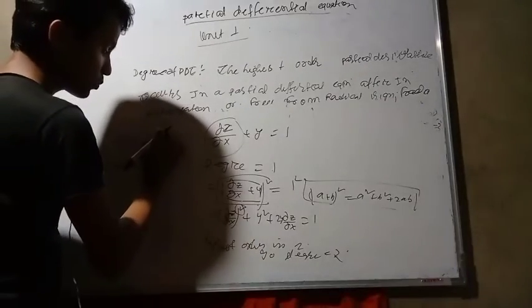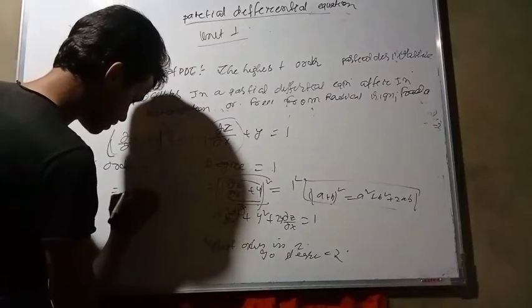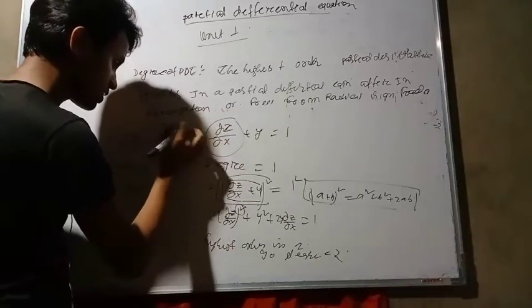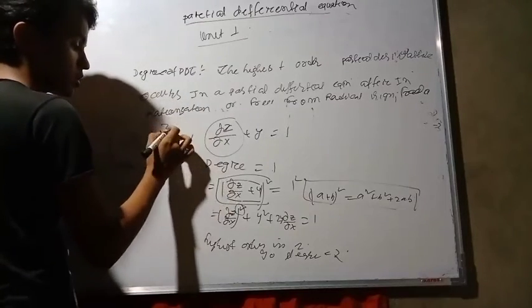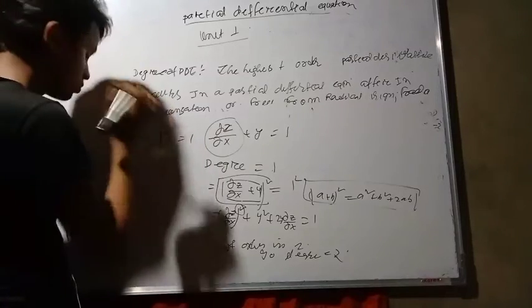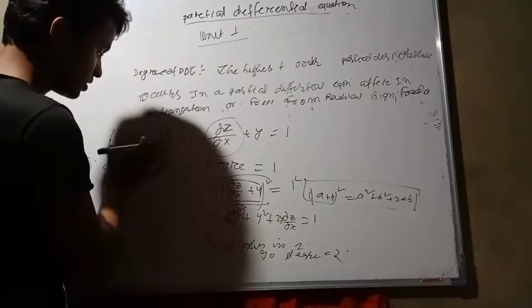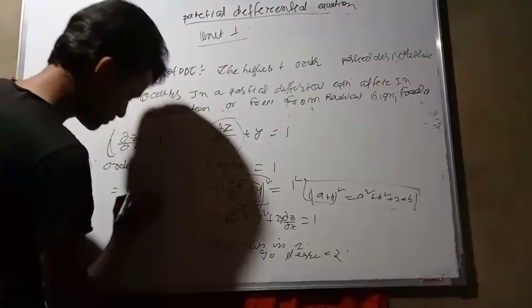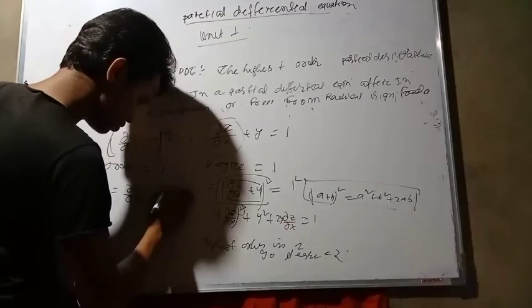Now here the power is a fraction, so what can I do? We can remove the square root from the left-hand side.